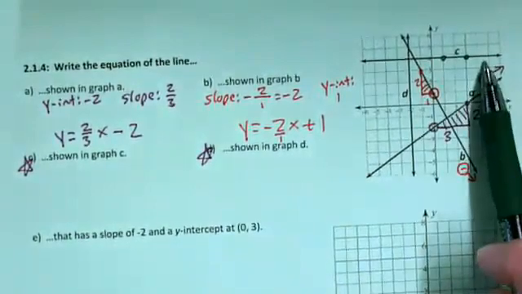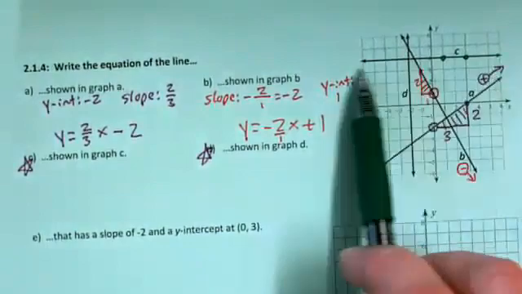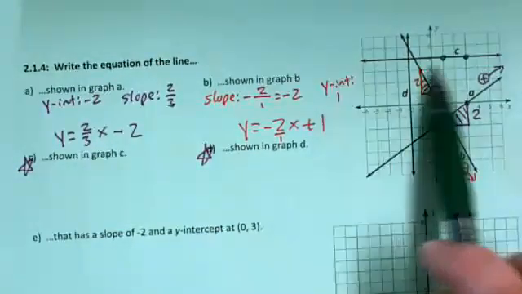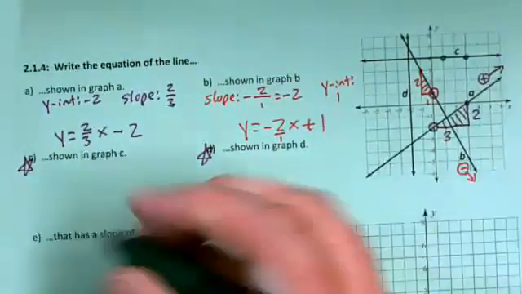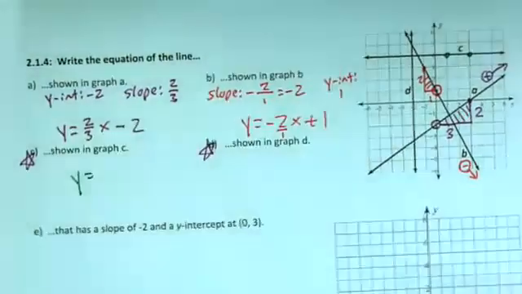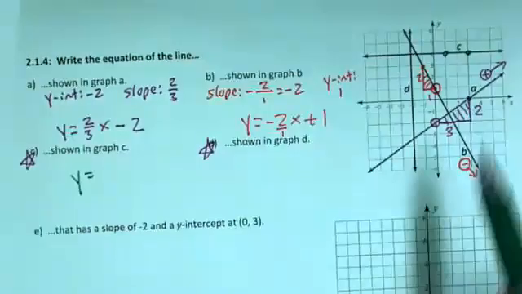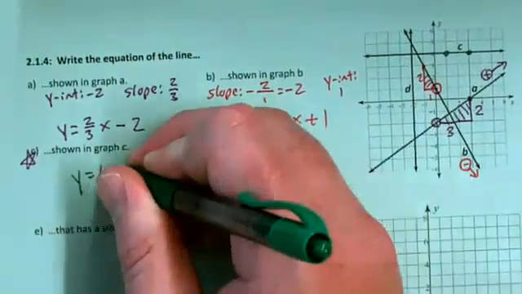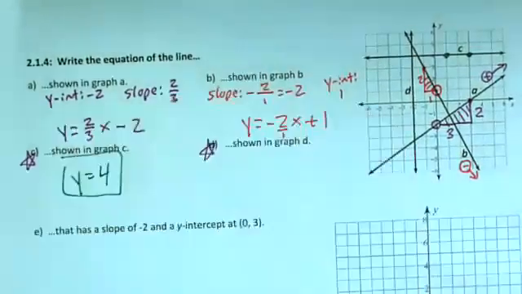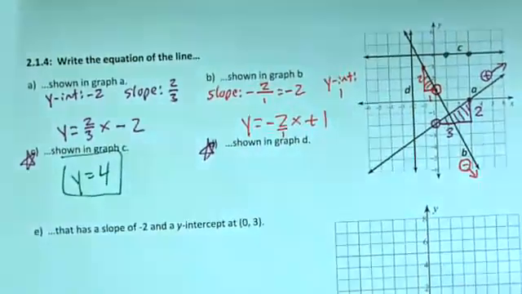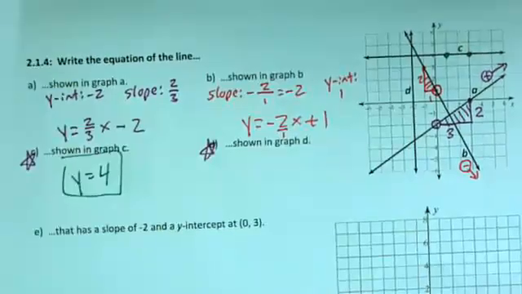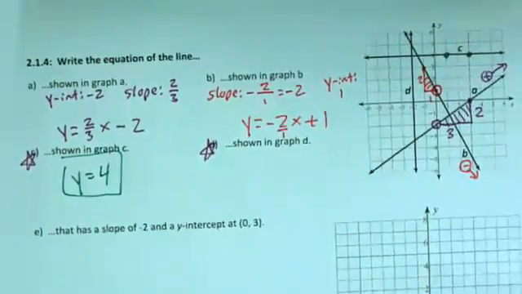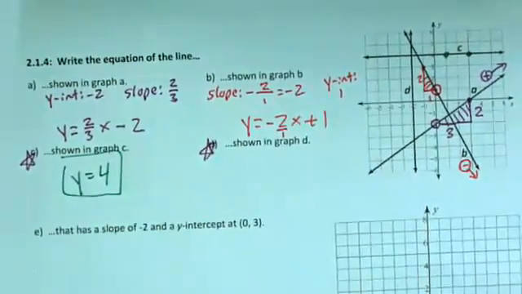You guys agree? Doesn't every point on this line have the exact same y coordinate? What y coordinate is it that they all have in common? Every point on this line has a y coordinate of 4. So the equation is just y equals 4. We could put a +0 on there, but 4 + 0 is just 4, isn't it? Yep. So we could put it on there, but it's not necessary.